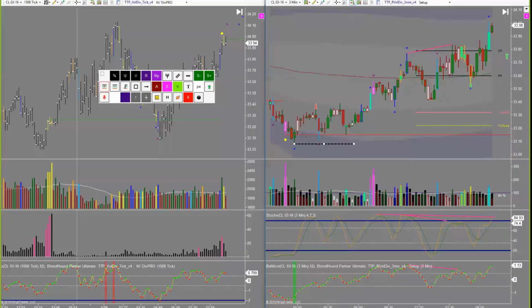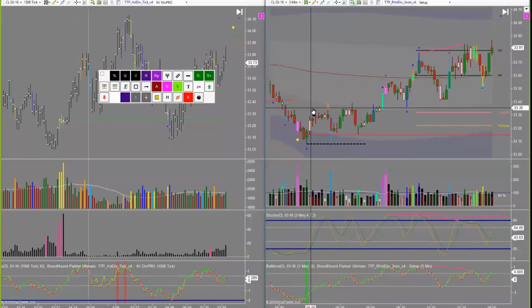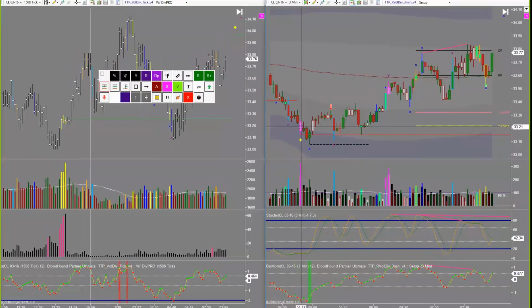I'm going to make an allowance for this exact case, where we have the extreme spike in the relative volume, and then it retraces and makes another attempt down, but it doesn't quite take out the low.